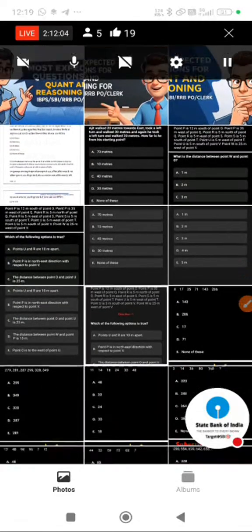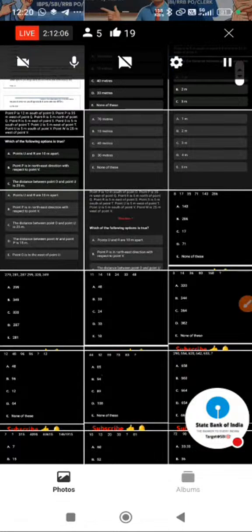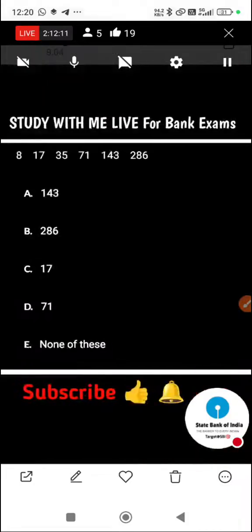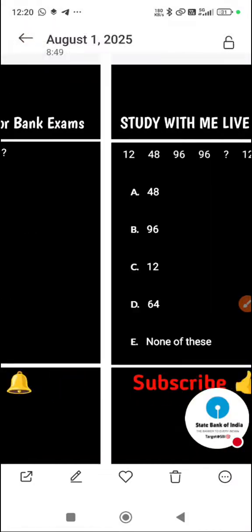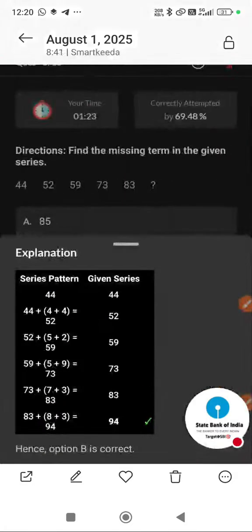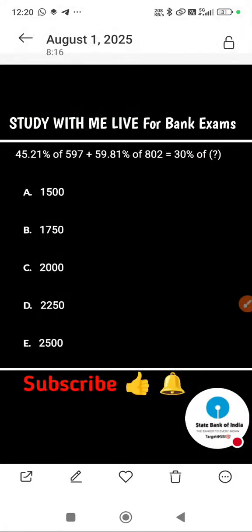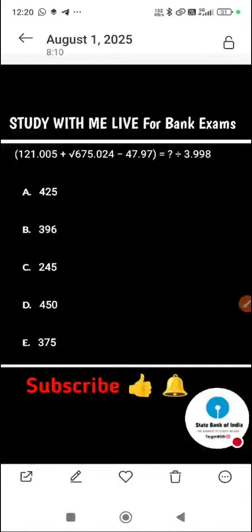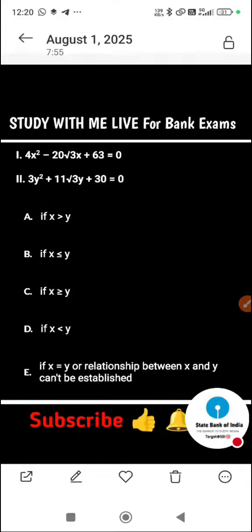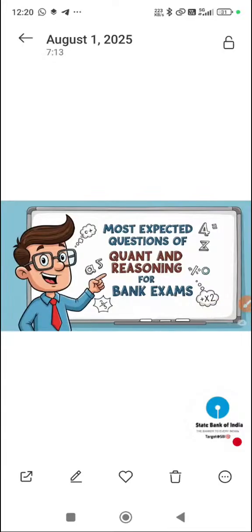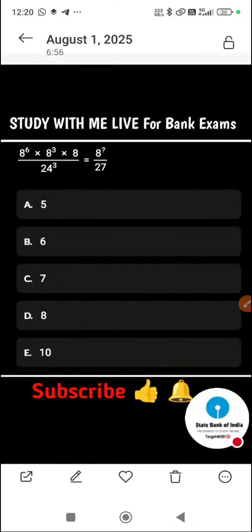So we have completed totally directions, missing number series, wrong number series. Next we see approximation questions and quadratic equations. We already solved all these questions.